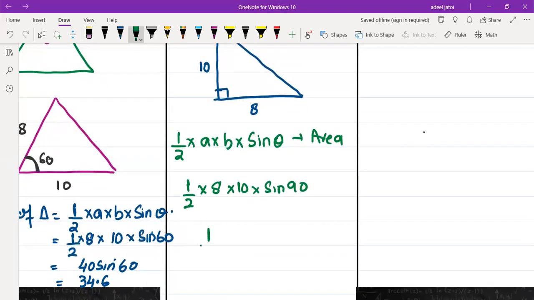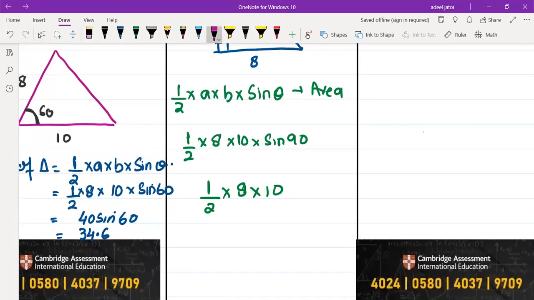So we end up having half into 8 into 10, which represents the triangle area, half into base into height.